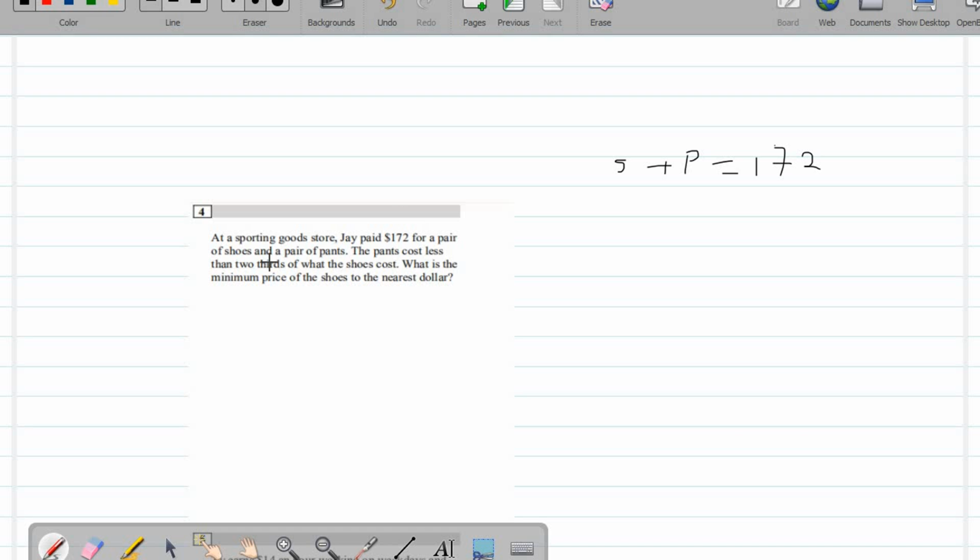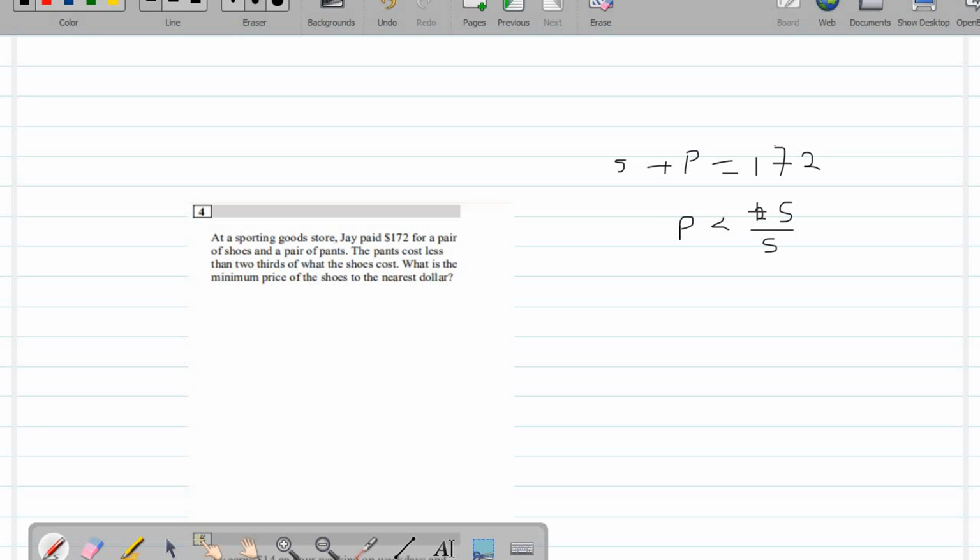So the pants cost less than 2/3 of what the shoes cost.